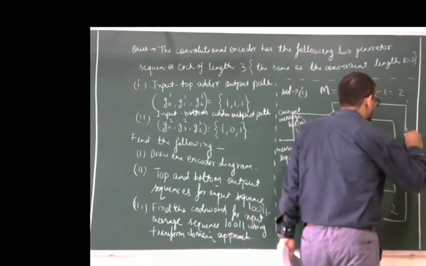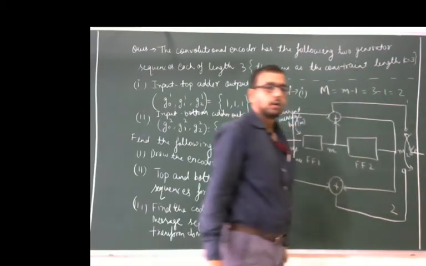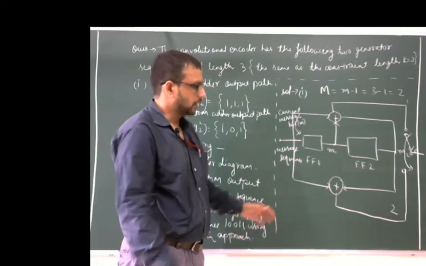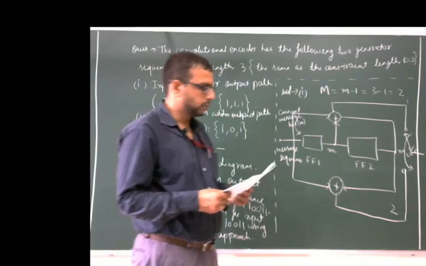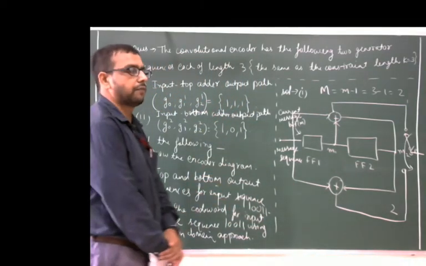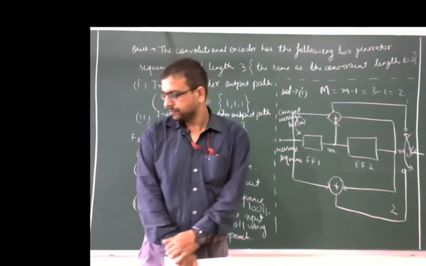Simply we are using a switch to get the outputs one by one. Now this is the encoder block diagram using these generator sequences, and this is the first part of your question which we discussed.